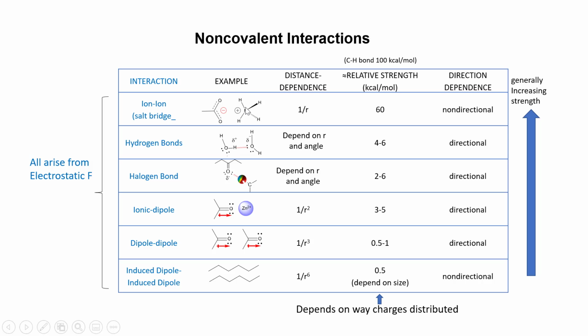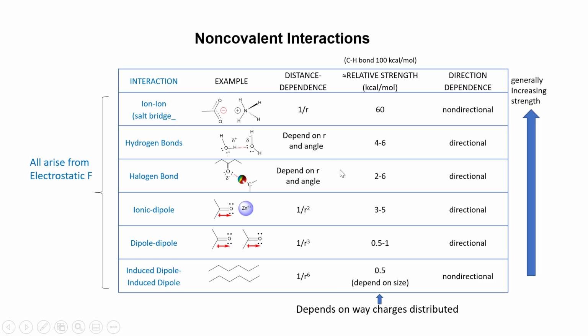Every one of these interactions arises from the electrostatic force described by Coulomb's law, but the strength of the interaction is modified based on the presence of slight positives and slight negatives and on the distribution of those charges.